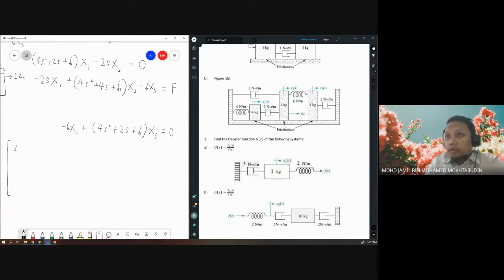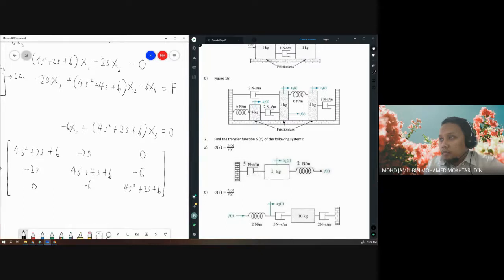So we have 4s squared plus 2s plus 6, minus 2s, 0, and then X2: minus 2s, 4s squared plus 4s plus 6, and minus 6, and we have 0, minus 6, 4s squared plus 2s plus 6, times X1, X2, X3, equals 0, F, 0.